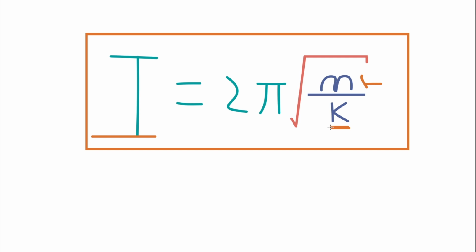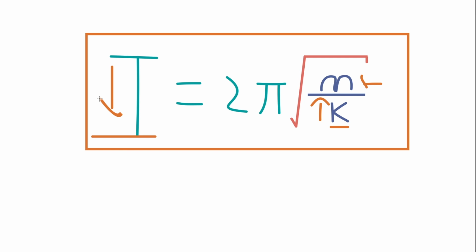If the mass goes up, the period goes up, right? And if the spring constant goes up, the period goes down. And that makes sense because the spring constant is how tight the spring is, right?